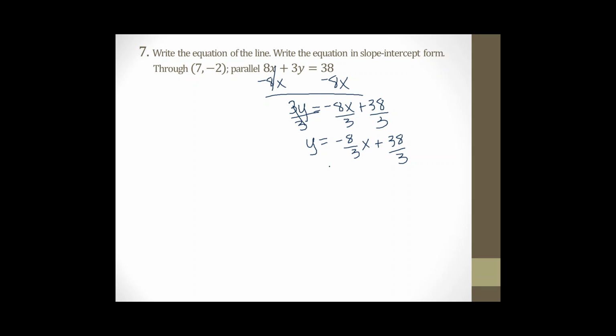So the slope of this equation is negative 8 over 3. So if we want our line to be parallel to this equation, we need to use the same slope because parallel lines have equal slopes.